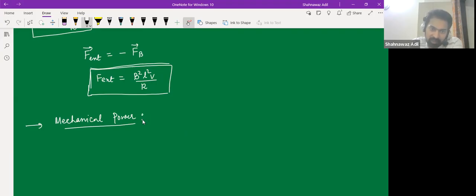So mechanical power is dW by dt, the rate of doing work. And we know that this is F dx by dt, so this is F V, and this is external.